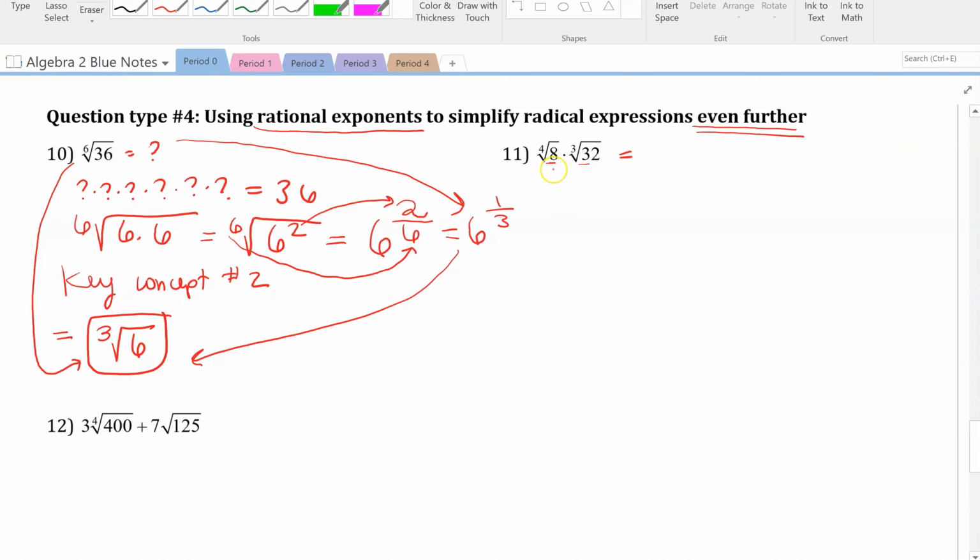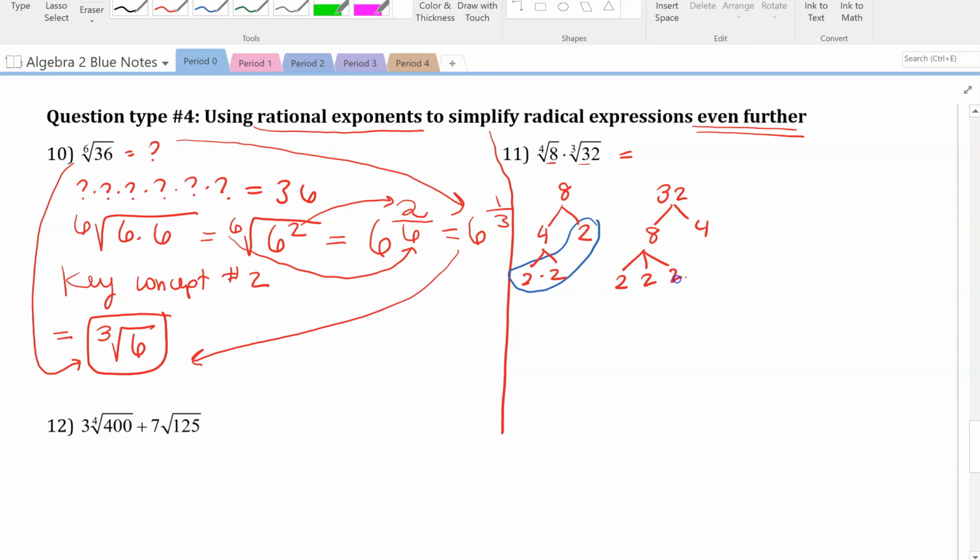So 8, let me do this over here. 8 is equal to 4 times 2, which then breaks into 2 and 2. So basically 8 is a combination of 3 factors of 2. It's 2 cubed. Meanwhile, 32 you can break into 8 and 4, and we know that 8 is 3 factors of 2, and 4 is 2 more factors of 2.